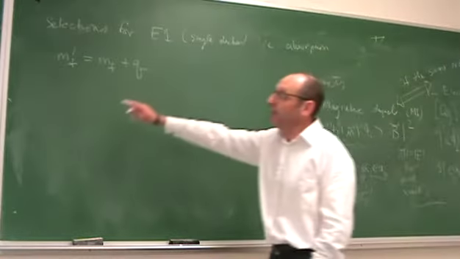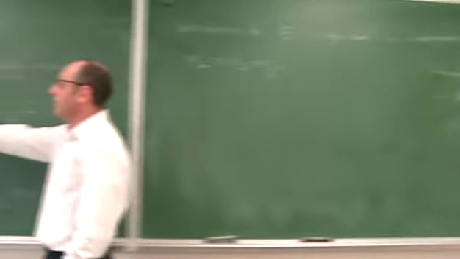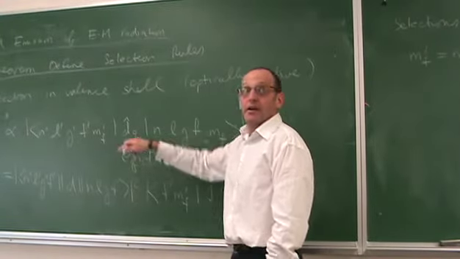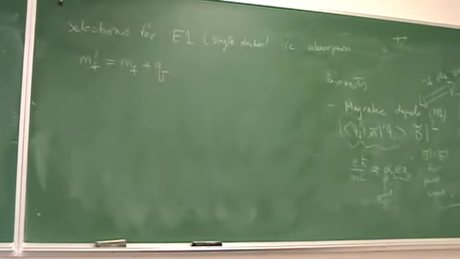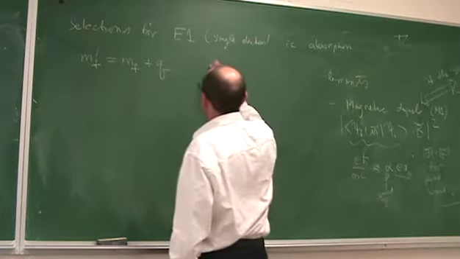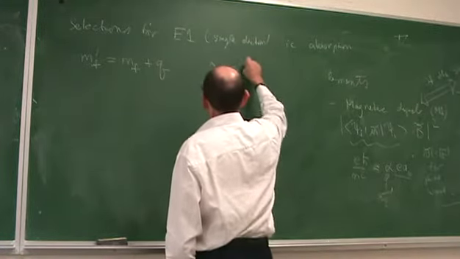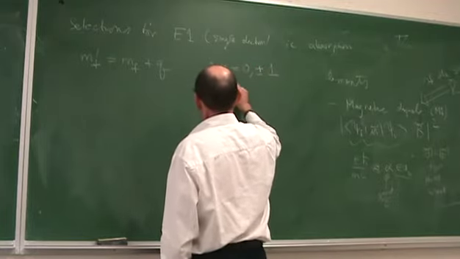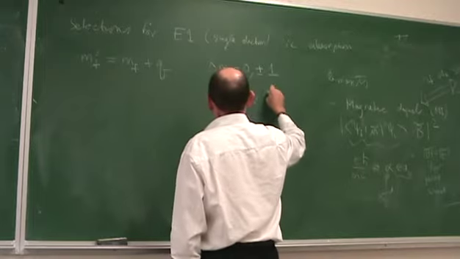And since Q, in this case, is a rank 1 tensor, Q can take on values +1, -1, or 0. So that means delta M can be 0, +1, or -1, depending on Q.